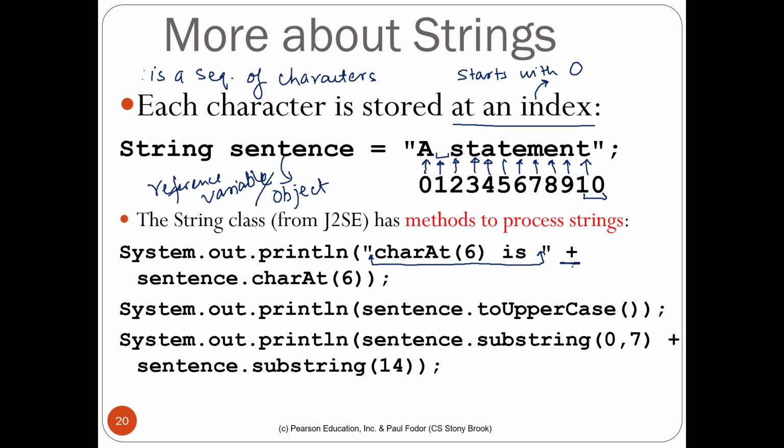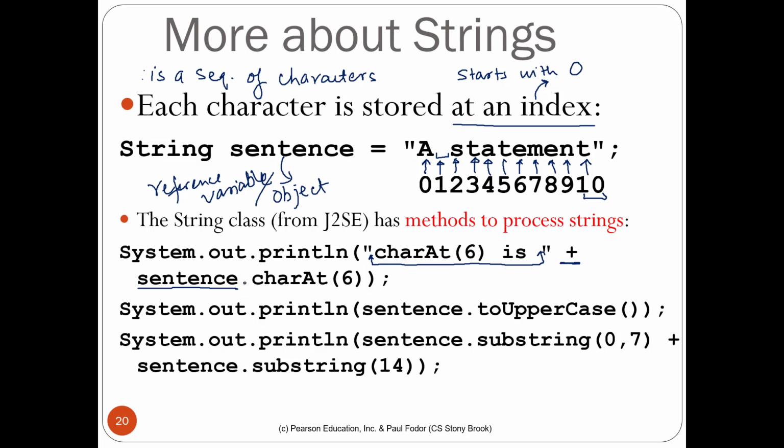I will explain what string concatenation is in this lecture itself, but let's look at the other part which is more interesting here. This is not a string, it's not in double quotation marks. So what is it? Sentence is the variable right here, in which you have stored the string literal, which is a statement.